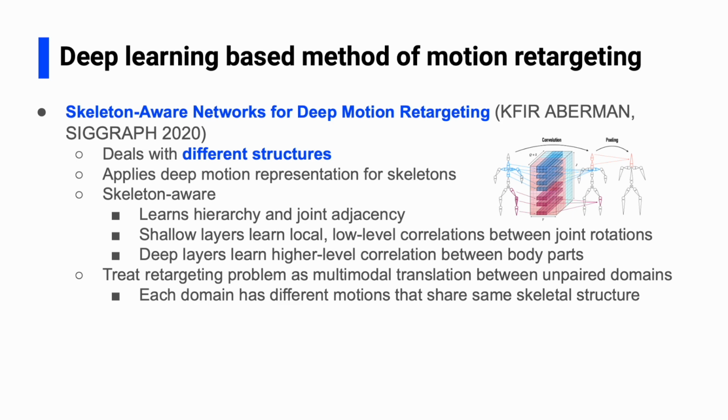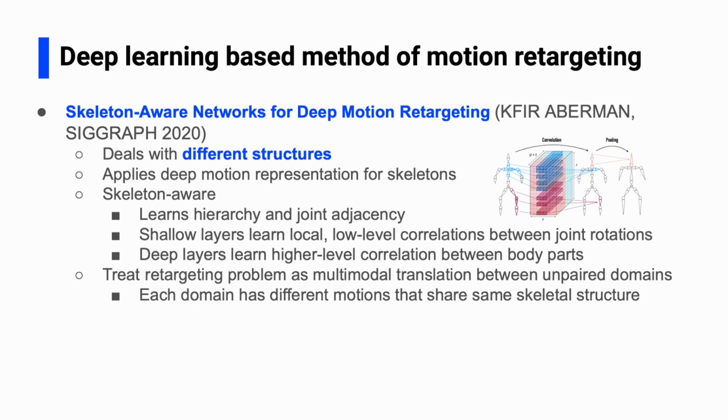Also, the deep neural network is skeleton aware, which means that it learns hierarchy and joint adjacency. As you can see in the picture, skeletal convolution and pooling techniques are used. Shallow layers learn local low-level correlations between joint rotations, and deep layers learn higher-level correlations between body parts, the way a CNN, convolutional neural network, works.